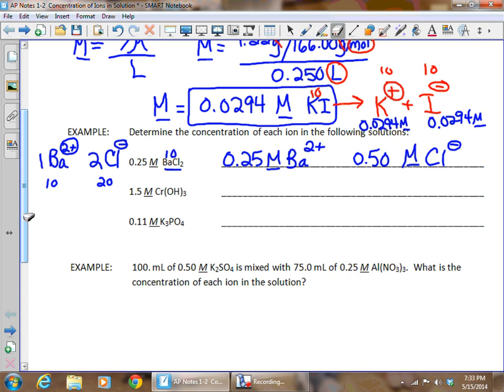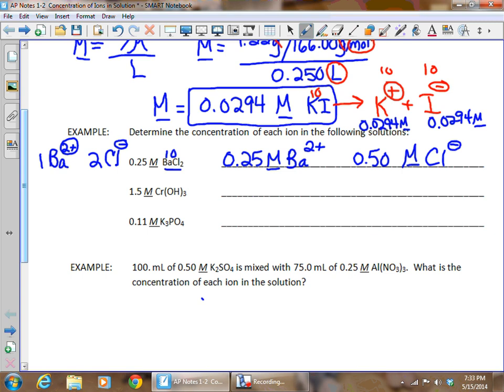So with that in mind, see if you can figure out what's going to happen in the next case when we're dealing with chromium and hydroxide. Remember, the first thing you want to do is to determine how many of each of the ions are present. Remember that the polyatomic ions don't split apart.